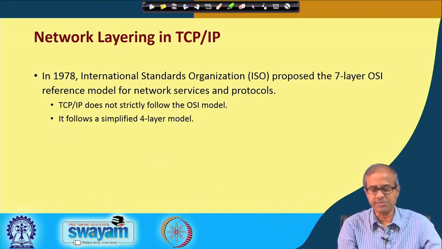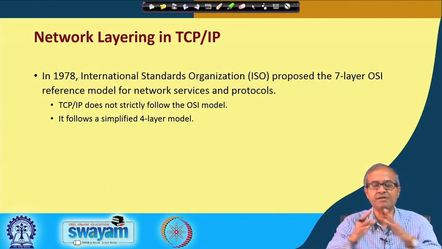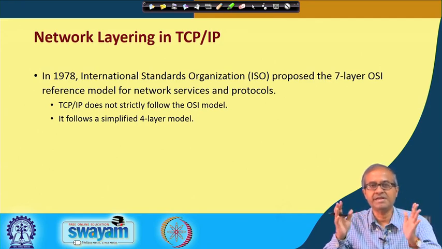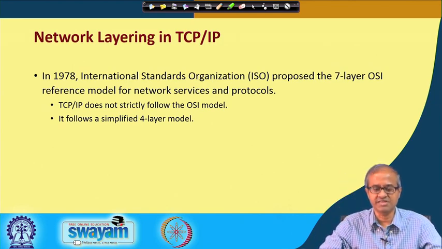Now, in TCP IP, the network layering, well, you have already seen in the previous lecture the 7-layer OSI model, which was proposed by the International Standards Organization. Now, for TCP IP, there is a similar kind of layering which is followed, but it is somewhat simplified. It does not contain all the 7 layers.